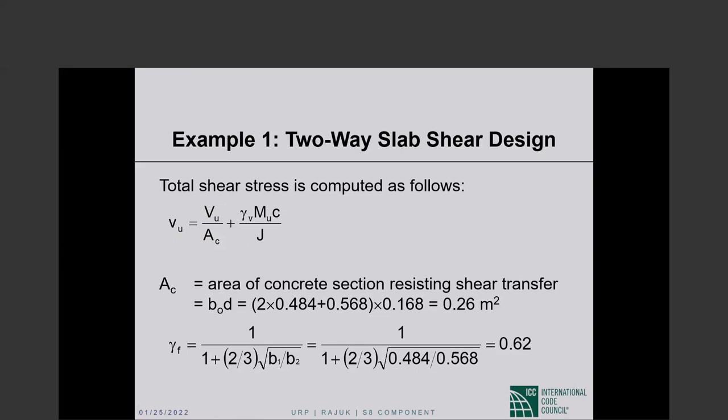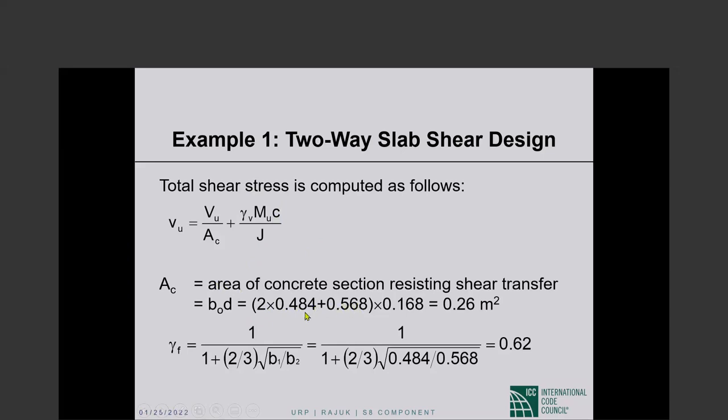We are talking about an edge column with bending perpendicular to the edge. Then the moment transferred by shear is divided by the polar moment of inertia, multiplied by the distance from the centroidal axis to the face where we are calculating shear stress. Okay? So A sub C, the total area of the three faces: we have two faces of length 484, one face of length 568.